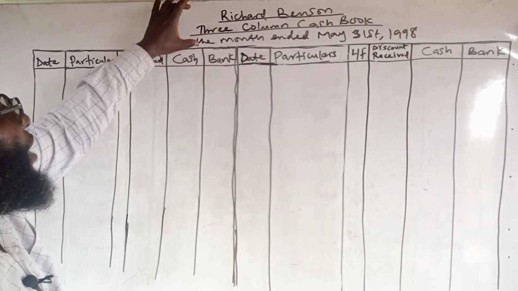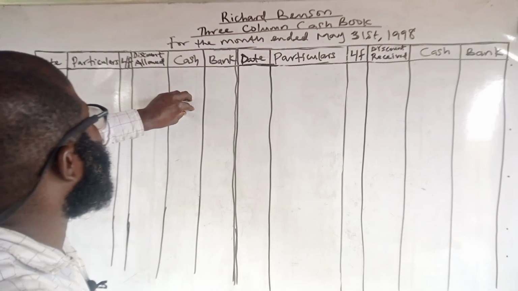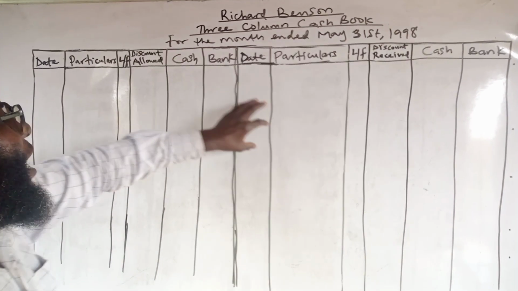This heading is very, very important. This tells us the type of the account we are preparing, likewise the owner of the account and the year we are preparing the account.